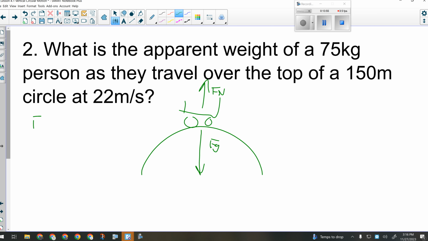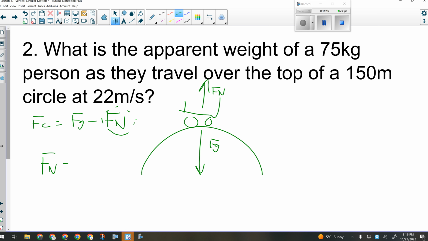So our Fc is going to equal forces in, so gravity, minus forces out, normal force. We are looking for the person's apparent weight. Since I don't want that to be a negative number, I'm going to add it over to this side, and then I'm going to subtract Fc back in its place.